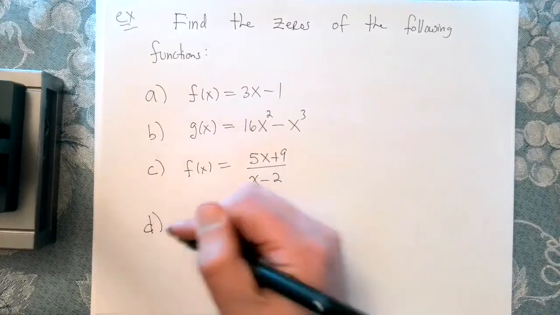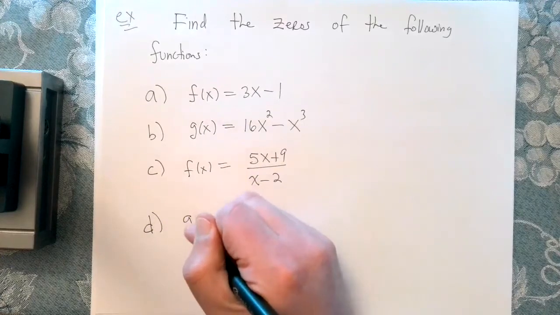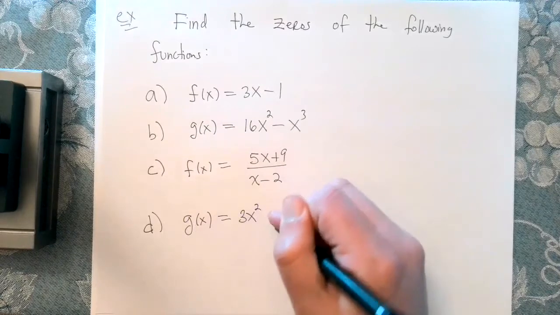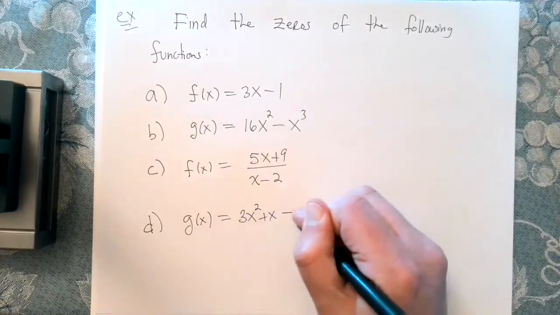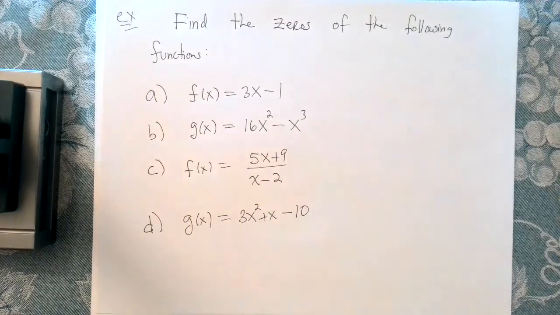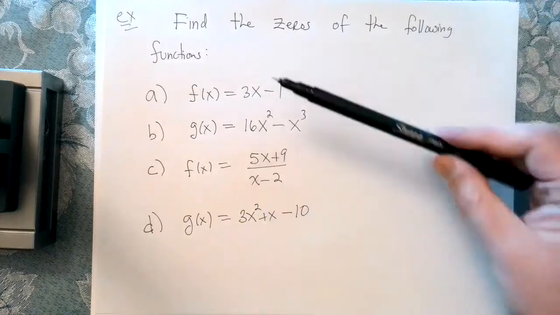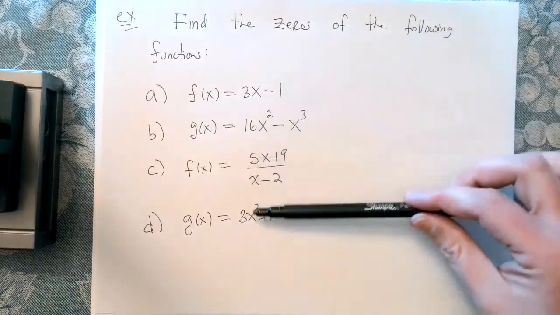And let's say the last function is g of x equals 3x squared plus x minus 10. So essentially we have 4 examples that we're doing. But for each of these, we want to find the zeros.